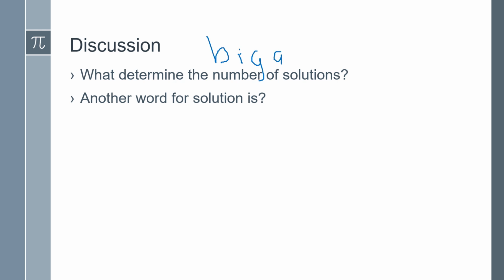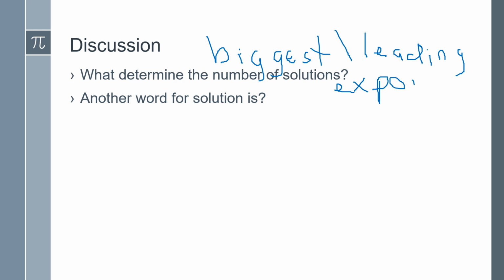Your biggest, or another way of saying that, your leading exponent, tells us how many solutions you have. Because you have x to the power of 5, everything else is smaller than 5. That means you're going to have 5 solutions. That's not always a guarantee, but you should have 5 solutions.